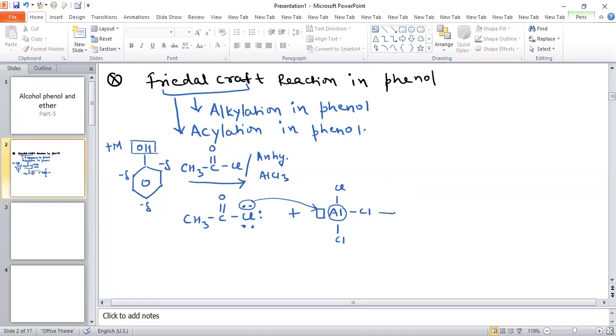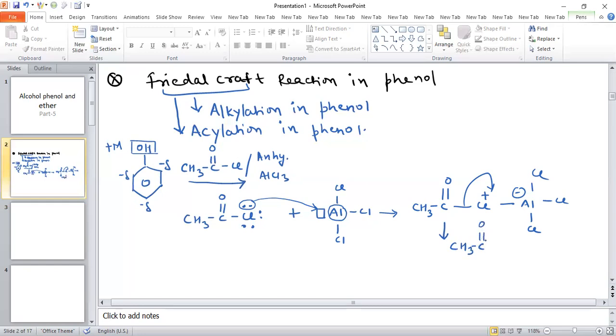So we have CH3C=O with Cl positive and AlCl4 negative. The bond will break in this way, and the electrophile is generated, which is CH3C=O positive.